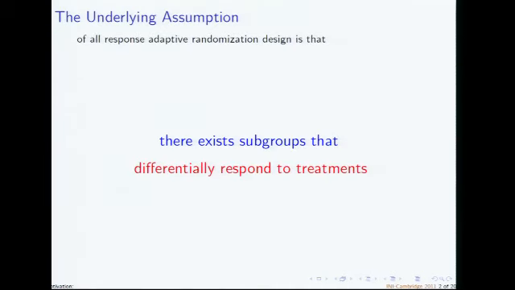So with all the hype and the details and the complications from the recent adaptive designs that are using response adaptive randomization, the underlying assumption is there exist subgroups that differentially respond to treatments.